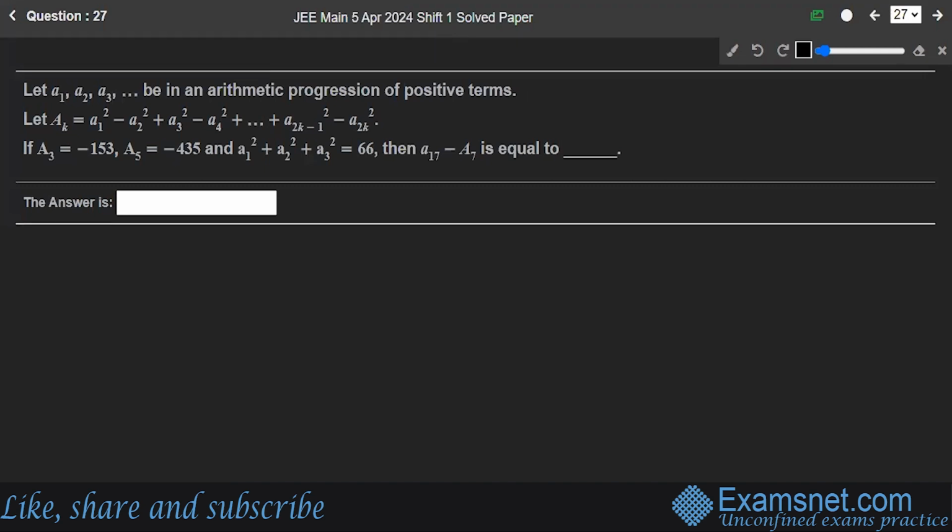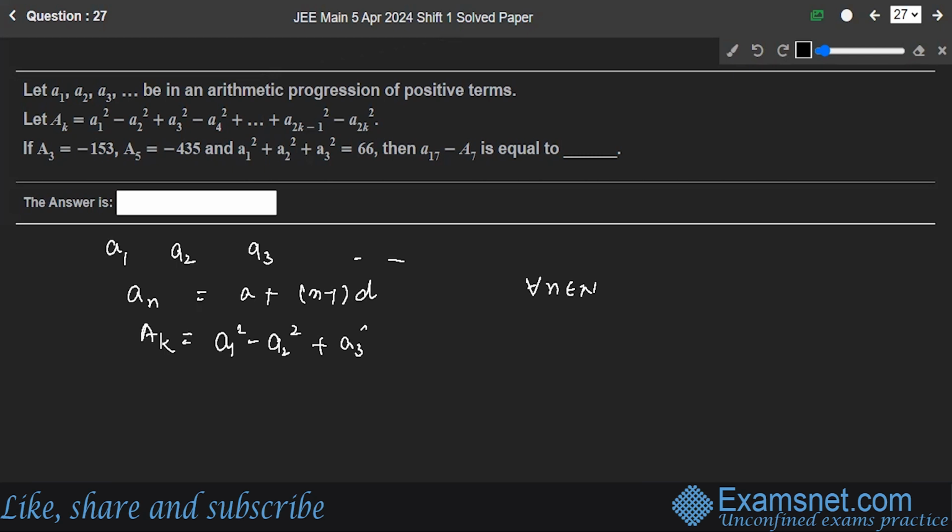You have to find out the value for this expression. Okay, so first thing you are having, this is your AP, A1, A2, A3, so on. So nth term here will be given by first term plus n minus 1 into d, where n belongs to the natural numbers. Also, you have here AK is equal to a1 square minus a2 square plus a3 square minus a4 square, so on, a(2k minus 1) square minus a(2k) square.